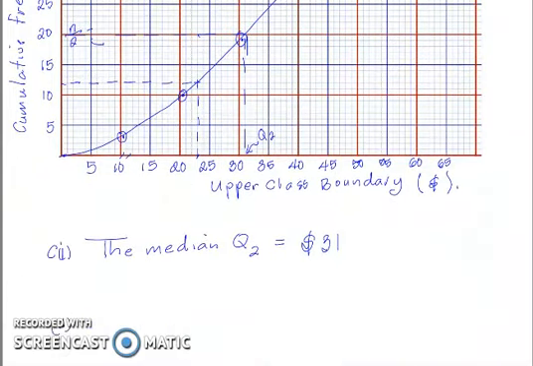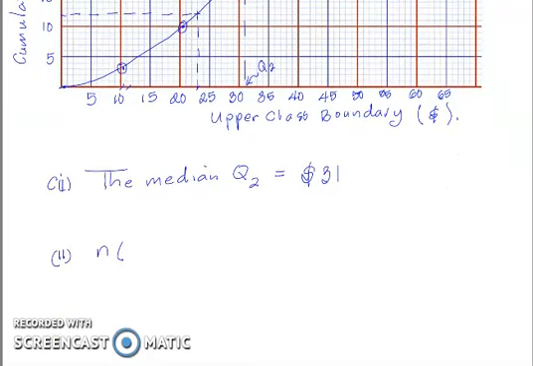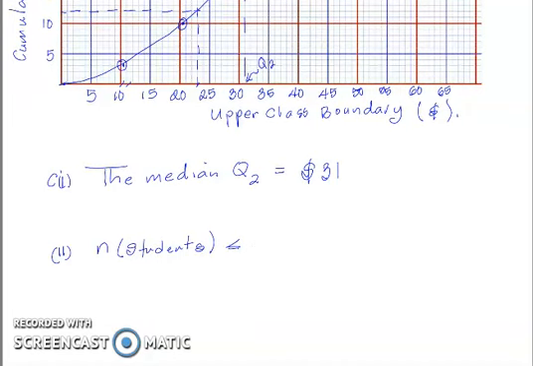So the probability, first of all, the number of students who spent less than $23 is equal to 12.